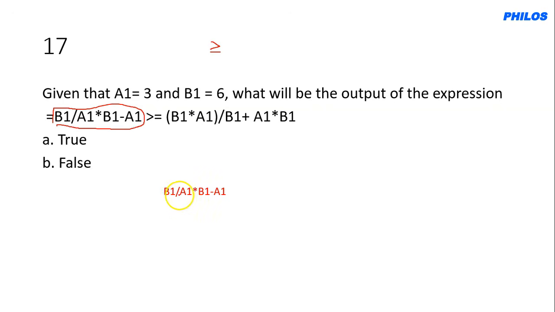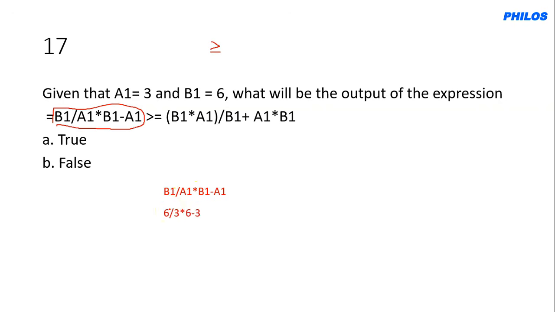Now, also between multiplication and division, which of them are we going to operate first? For these ones, it depends on where they are located. Okay. Now, if division is at the left, you operate the division first. But if multiplication were to be at the left and division were to be at the right, then you operate the multiplication first. Okay, so for this particular one, we are operating the division first.